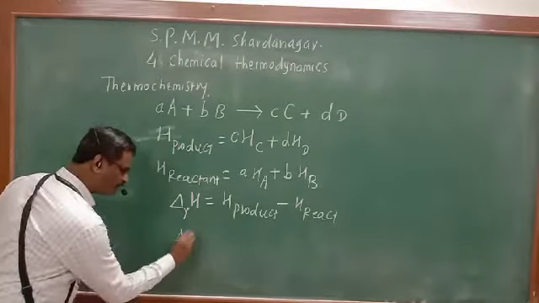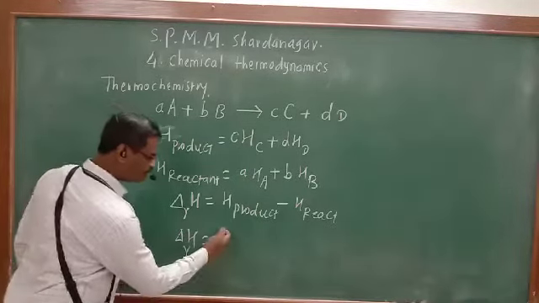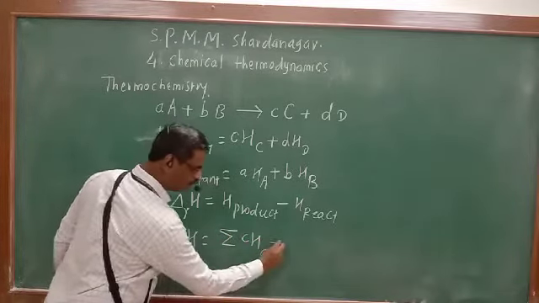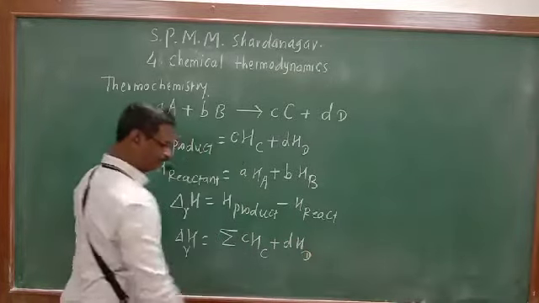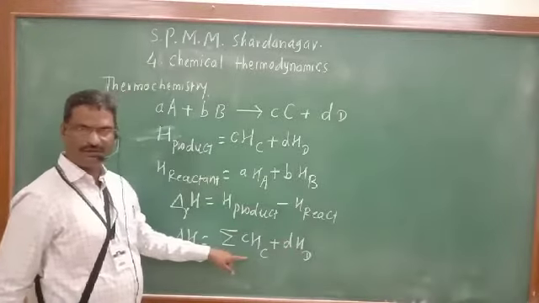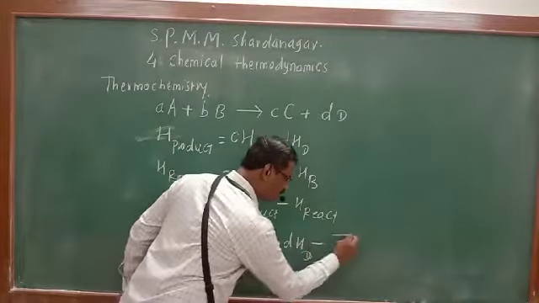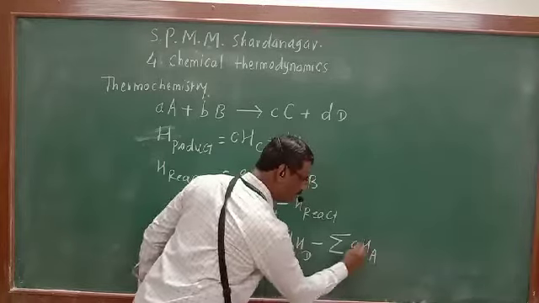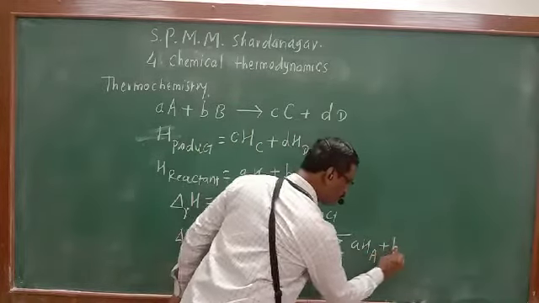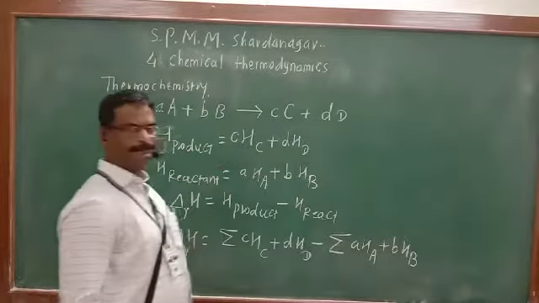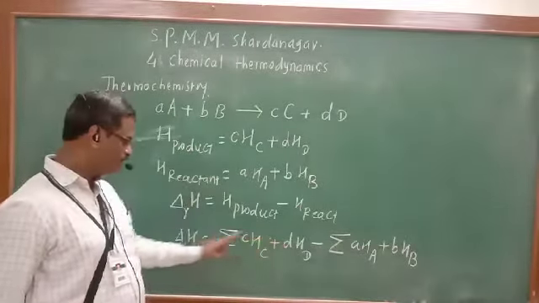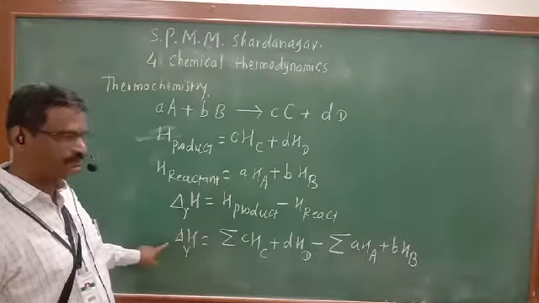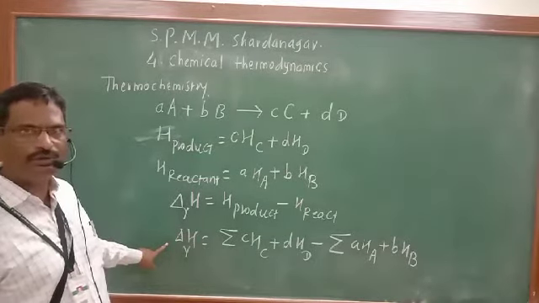So the enthalpy of a reaction will be equal to the summation of enthalpy of products, c moles of enthalpy of C plus d moles of enthalpy of D, minus the summation of enthalpy of reactants, a moles of enthalpy of A plus b moles of enthalpy of B. This subtraction is known as the enthalpy of the reaction, and it has either a positive or a negative value.